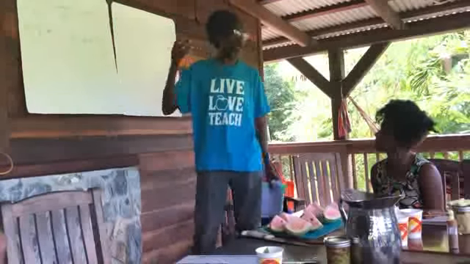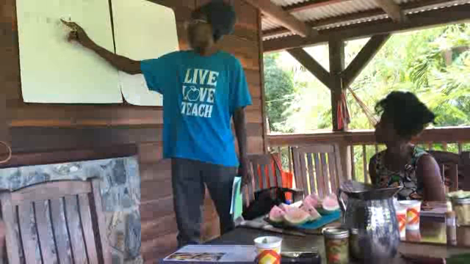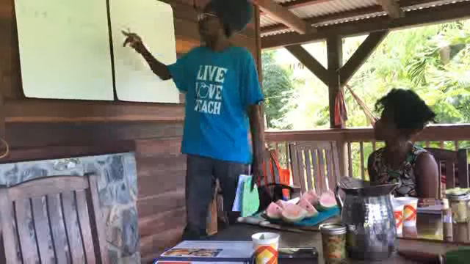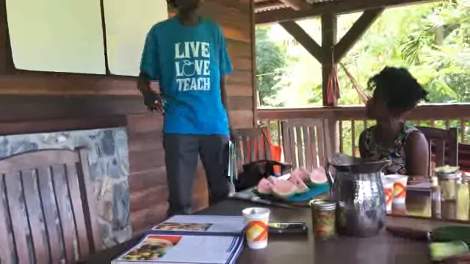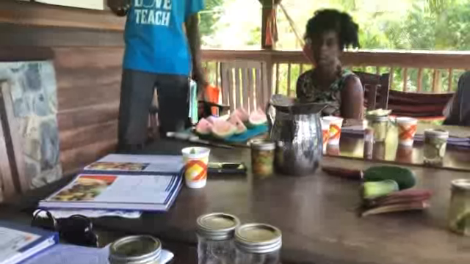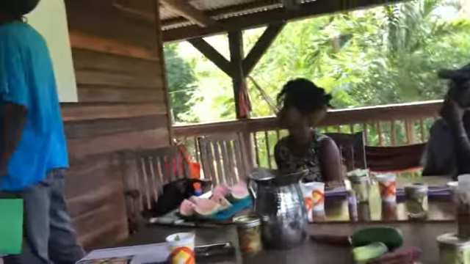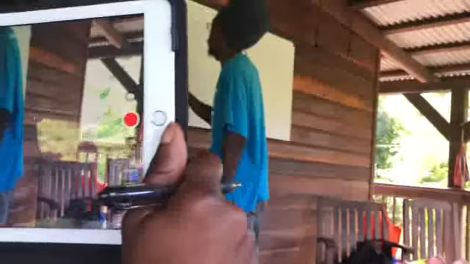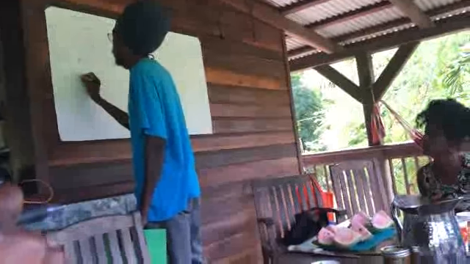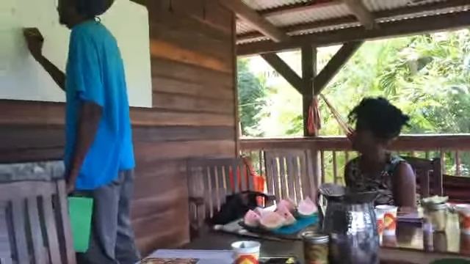So we have equivalent fractions. 2/8 is equal to 1/4, and 2/4 is equal to 1 half. 2/4 can also be equal to 4/8. Right?